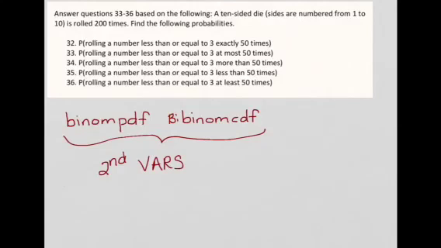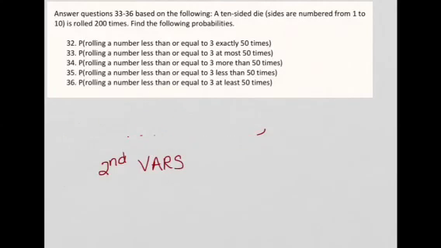So let's clear this off. Let's take a look at problem number 32. In this case, we want to know the probability of rolling a number less than or equal to 3 exactly 50 times. Now this one is exactly 50 times.